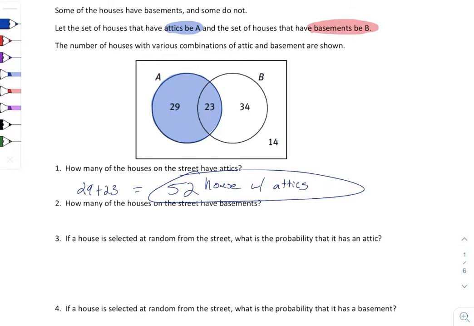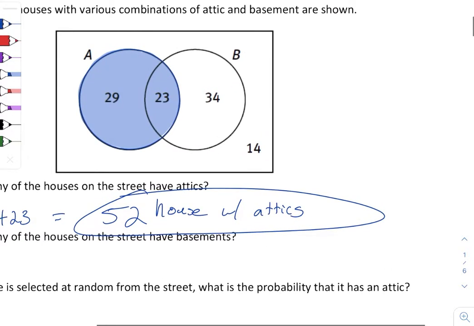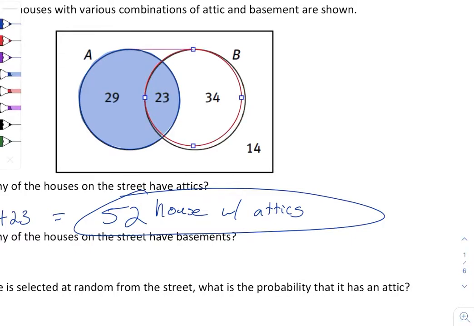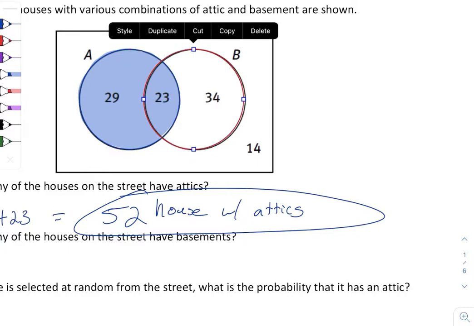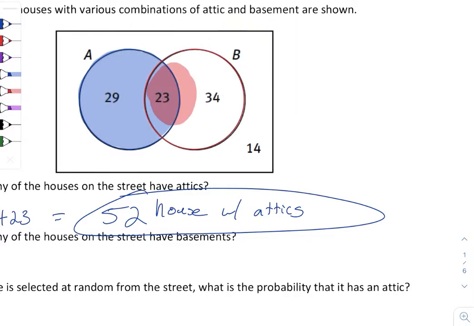How many houses on the street have basements? Same thing we just did, except we're going to do it for B. So we have a circle, and it's a little sloppy, that's okay. I like to highlight things to help you guys out.